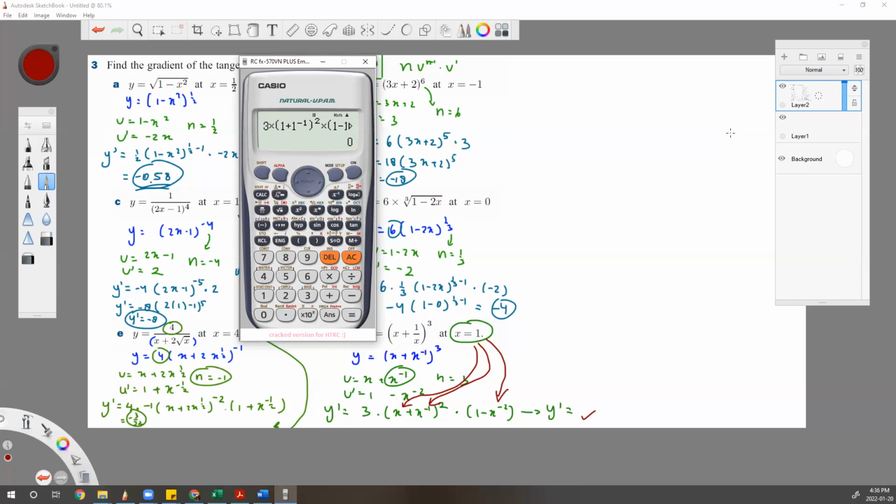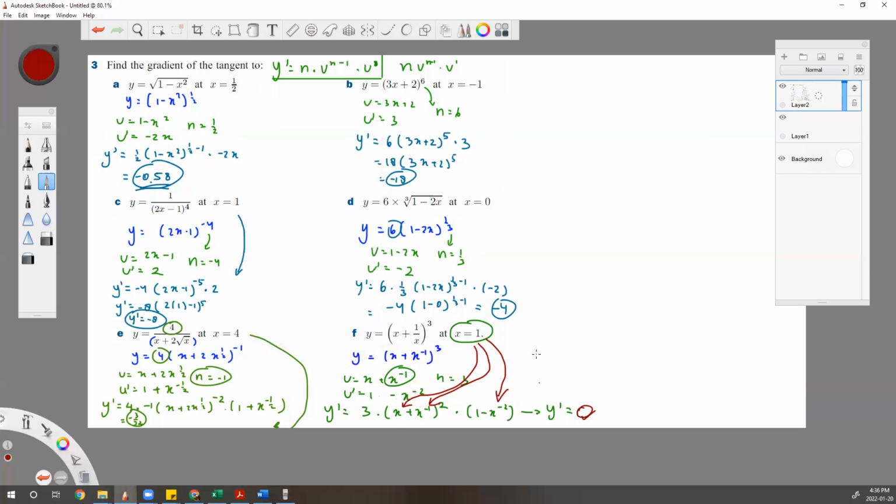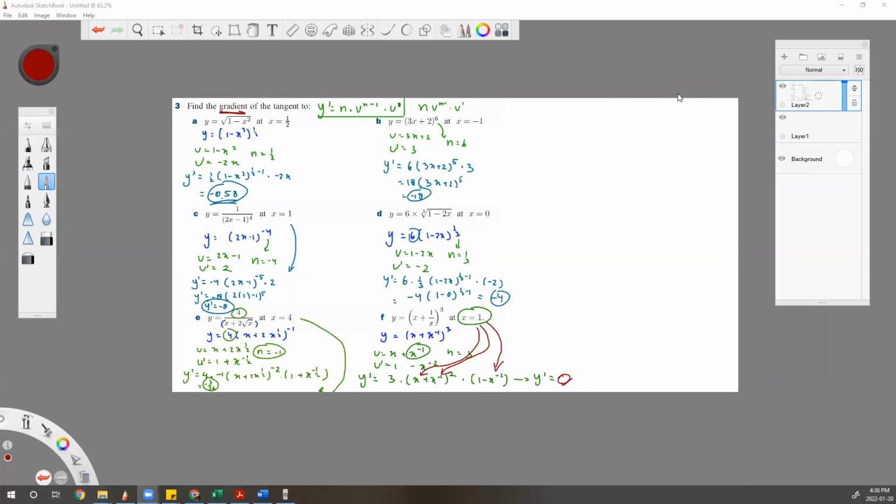That's the answer: 0. So you substitute all the x to find the exact gradient, right? Get it, Tedra? Yeah, I get it. Okay, nice.